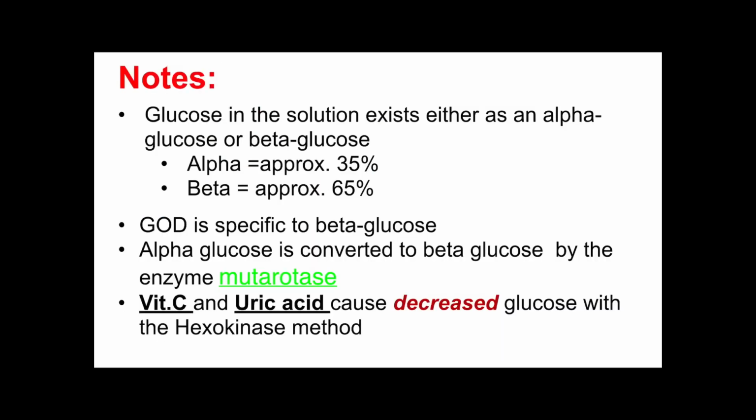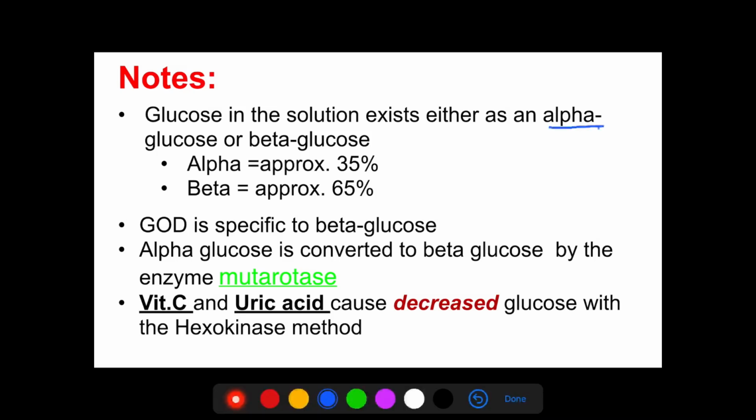For glucose measurement, we have some important points to remember here. First, the glucose in the solution or in our sample exists as either alpha or beta glucose. The alpha glucose is approximately 35%, and 65% is beta glucose. Again, GOD or glucose oxidase is specific to beta glucose.